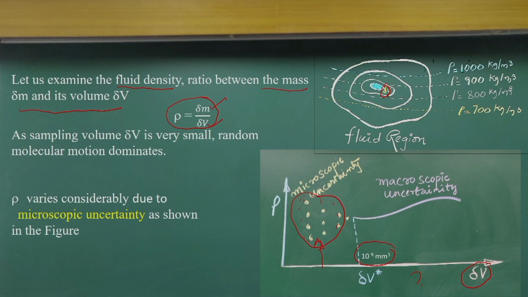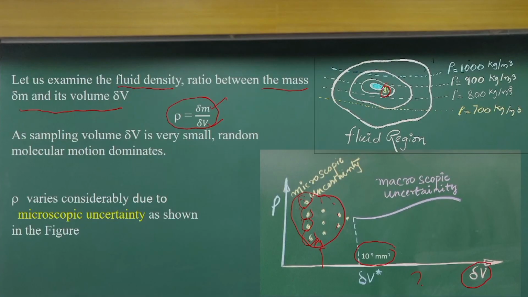With a very small sample volume, the random molecular motion changes the density value. Indirectly, it indicates that the number of molecules within that small sampling volume changes drastically from instant to instant.